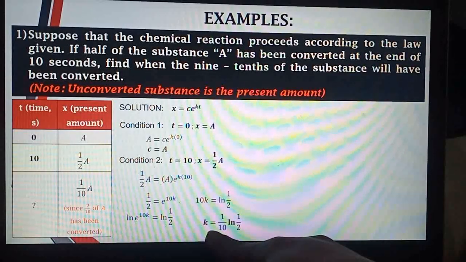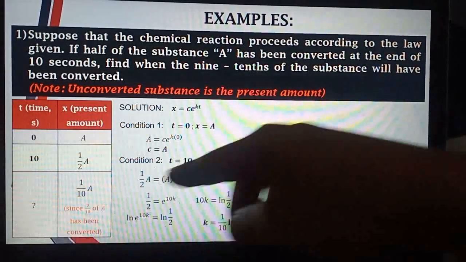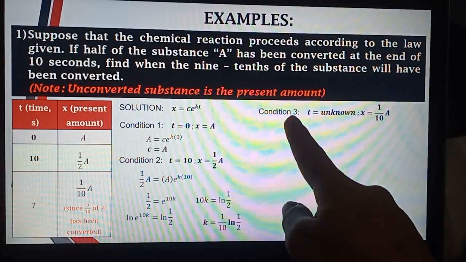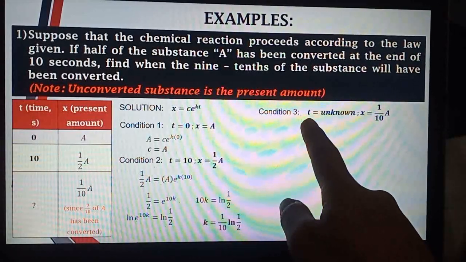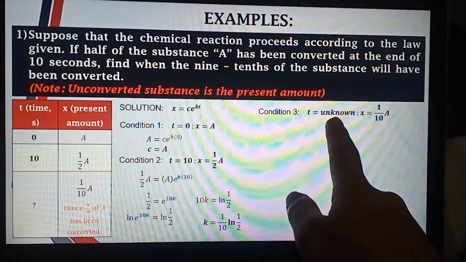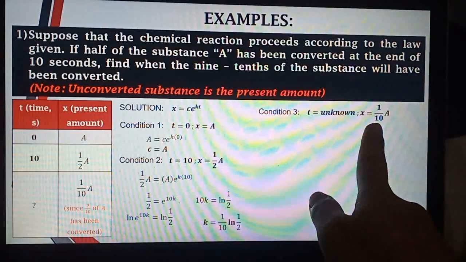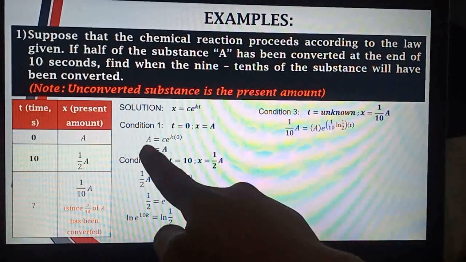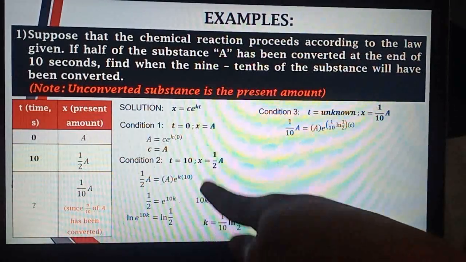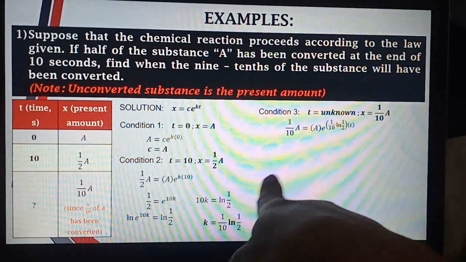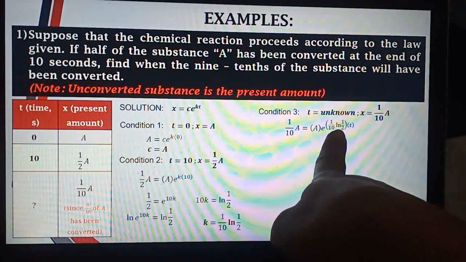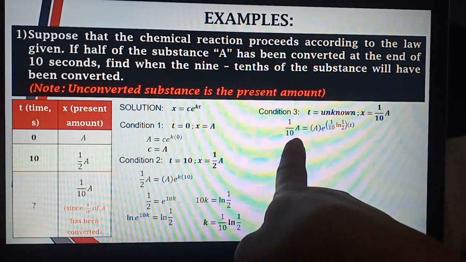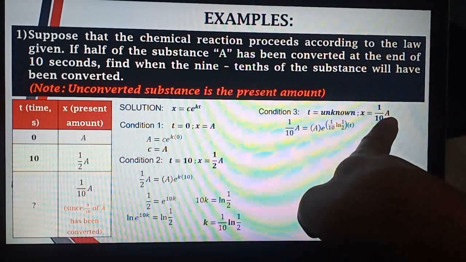Now mahahanap na natin yung value ni time since gagamitin na natin yung condition 3 wherein the time is the unknown and the value of x is 1/10 of a. Now substituting the computed value of c and k, you will have c as a, then k is 1/10 ln of 1/2. So you will have the value of x is 1/10 of a.